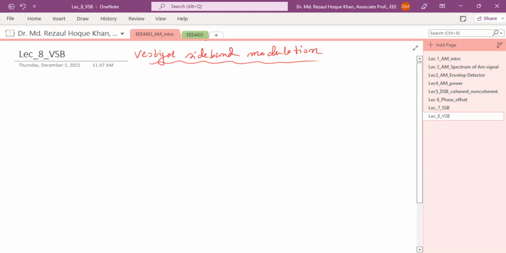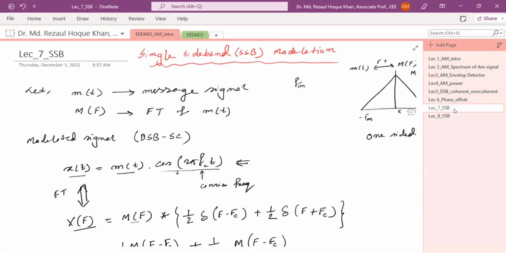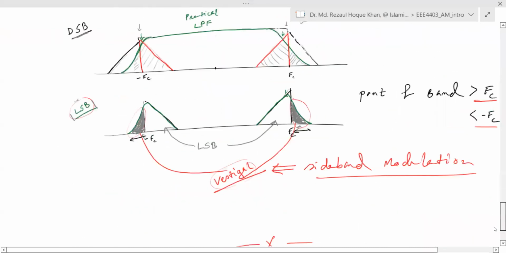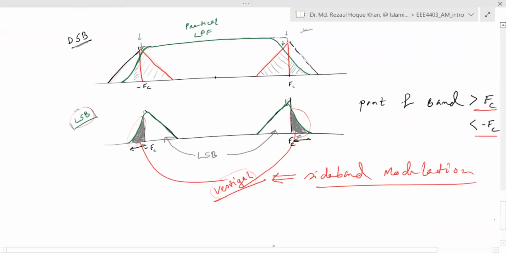Okay, in our previous lecture, we have seen that when we do single sideband modulation, due to the non-ideal or practical nature of the filter, a small portion of the signal is actually included with the sidebands.